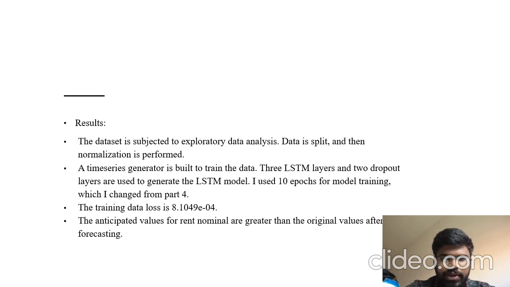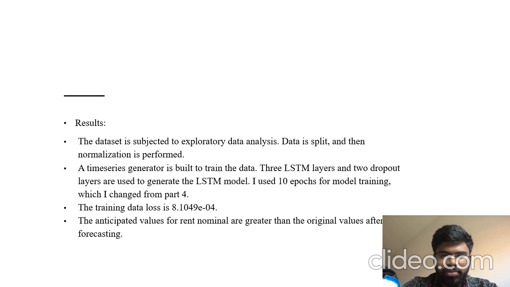Results. The dataset is subjected to exploratory data analysis. Data is split and the normalization is performed. Time series generator is built to train the data. Three LSTM layers and the two dropout layers are used to generate the LSTM model.